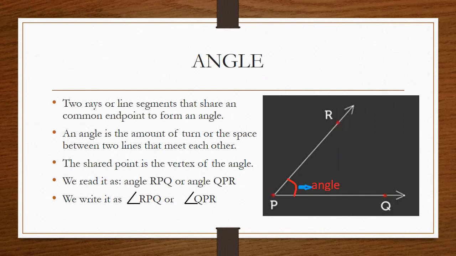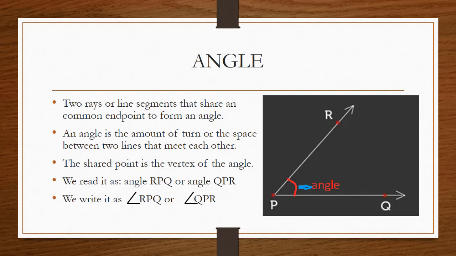Finally, let's move to angle. 2 rays or line segments that share a common end point form an angle. An angle is the amount of turn or the space between 2 lines that meet each other. In the picture shown on the right side, there is a turn between PR and PQ.